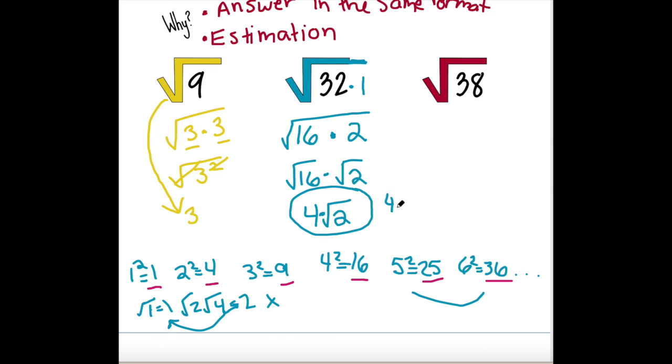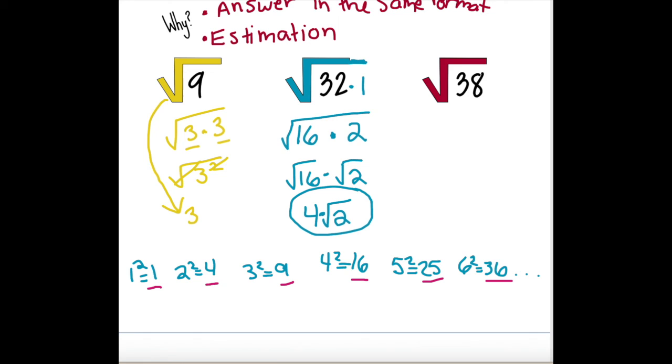So if people needed to estimate this value, they could say this is going to be 4 times about 1.4 something, which will end up giving us something that is close to 5.6. Prior to calculators, working with smaller numbers enabled mathematicians to do estimation quickly and more easily.